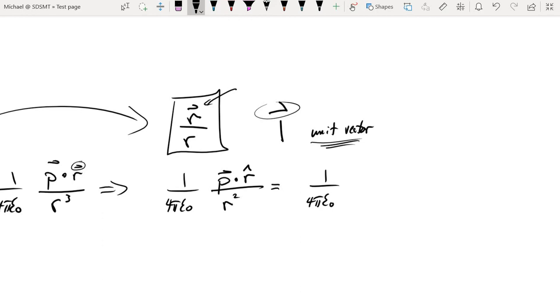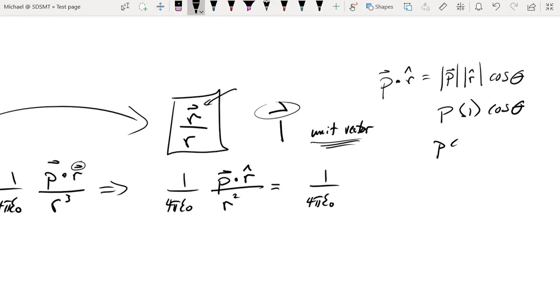We have the P vector, the dipole vector, that we have to dot with the unit vector. When we evaluate any dot product, we take the magnitude of each vector times the cosine of the angle between them. The magnitude of the dipole moment is P. The magnitude of a unit vector is 1. And so what do we get in the end?